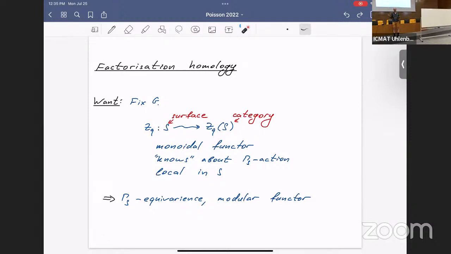So that's what factorization homology will have without even describing what it is. And if we have all that, then clearly we have Gamma S equivariance because it's part of the construction built in. And second, we obviously have a modular functor because, again, it's built in, right? So then if we have this God-given setup, well, fantastic, we're done, right? So now if you work with cluster algebras, you kind of define everything very nicely in terms of generators, relations, coordinates, and so on.